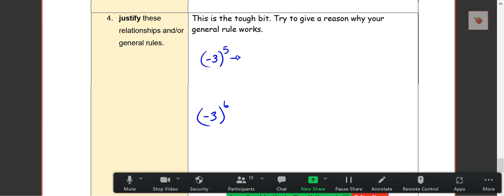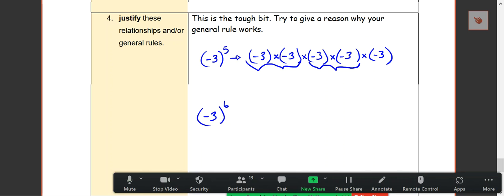Okay. But if I write this out, look, negative 3 multiplied by negative 3 multiplied by negative 3 multiplied by negative 3 multiplied by negative 3. If I compare them off, two negatives equals positive.